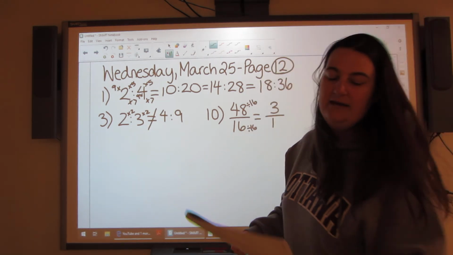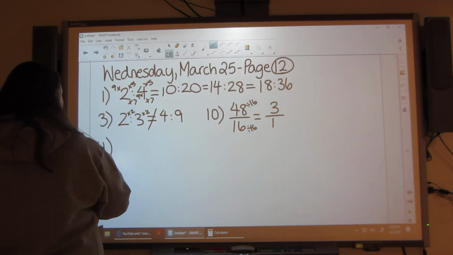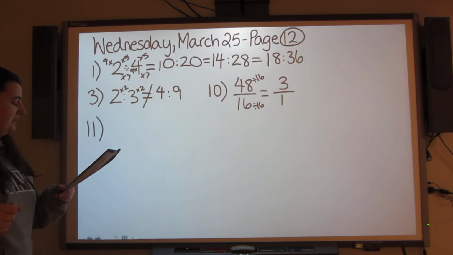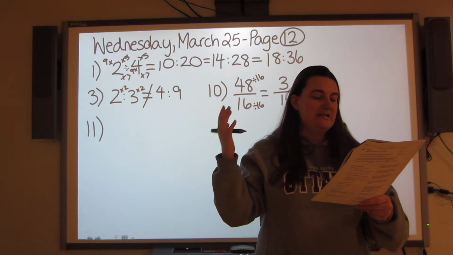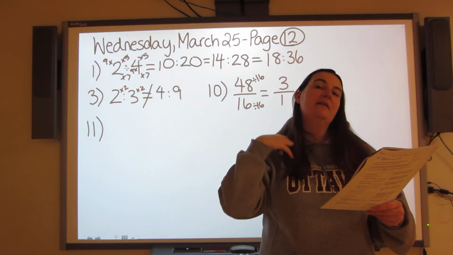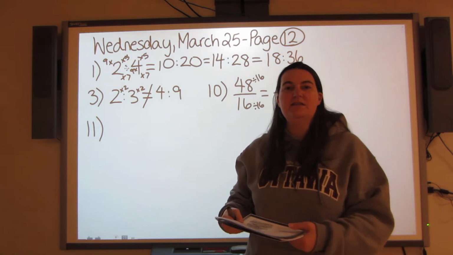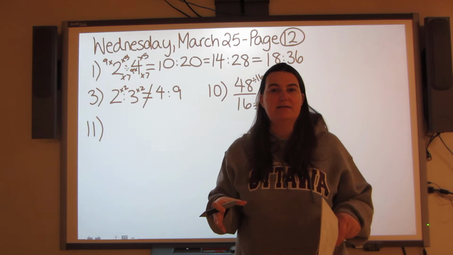Let's take a look at number 11. So on number 11, you've got x's and y's again, w's, t's, whatever. And remember, whenever you see a letter in your math, it just means you don't know what the number is. So it's like an empty box.